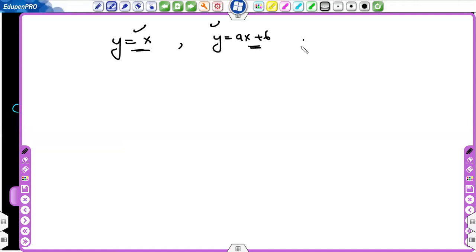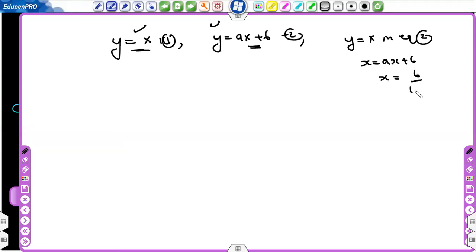Suppose this is equation 1 and this is equation 2. You can put y equal to x in equation 2, so x will be equal to a times x plus b, and x will be equal to b upon 1 minus a, and that will also be equal to y. So if you have two linear equations, you can solve them very easily.